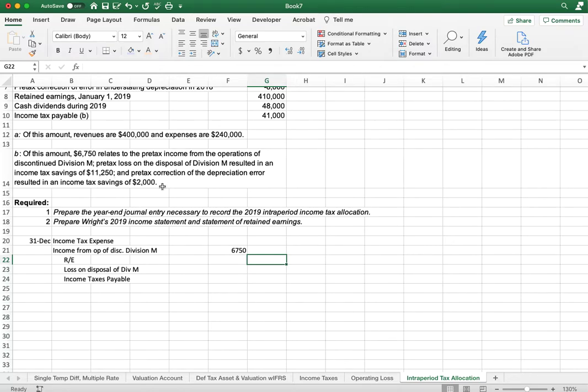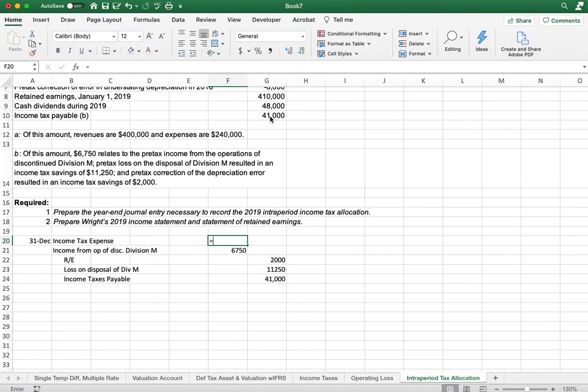And then this retained earnings is here because of our depreciation error resulting in the income tax savings of $2,000. The loss was $11,250. And our income tax payable is given to us in Part B of $41,000.